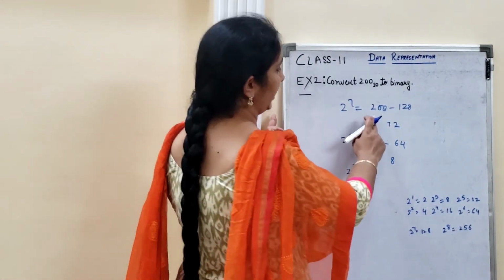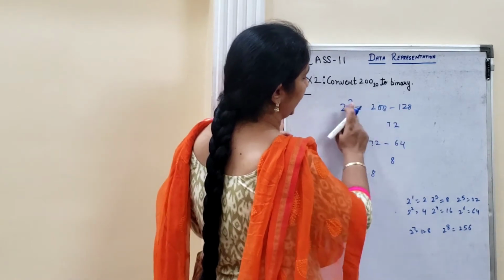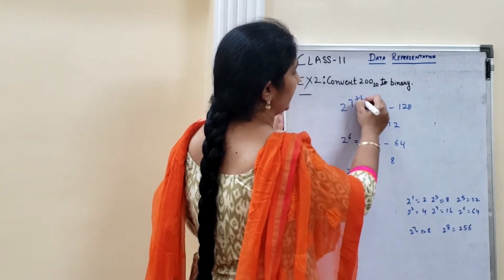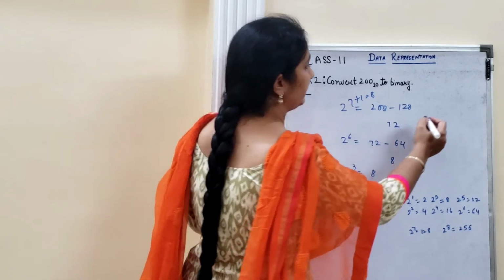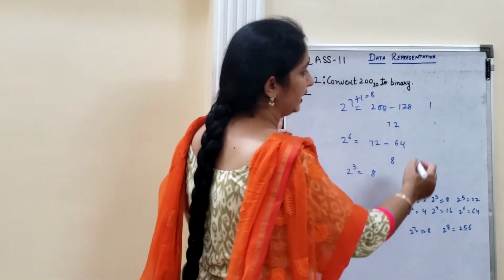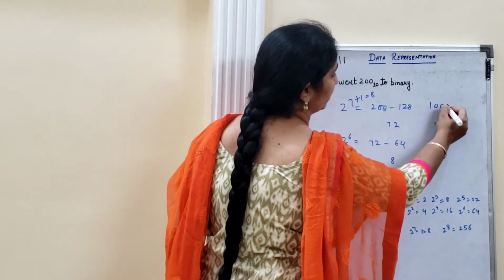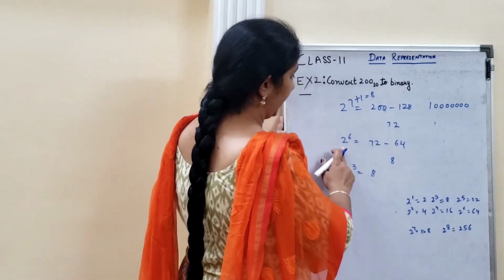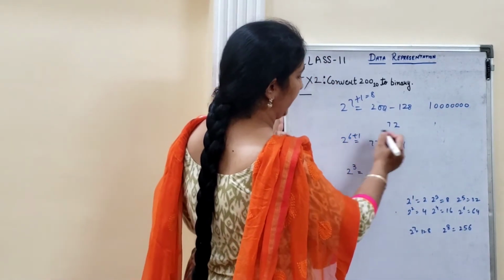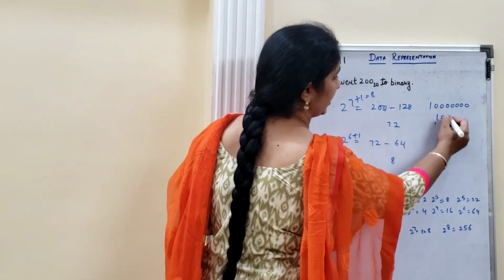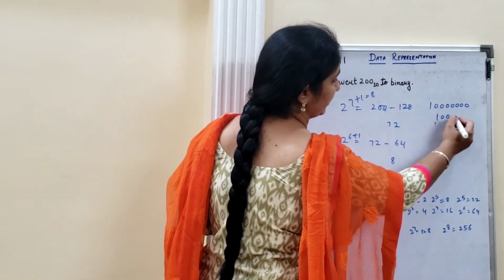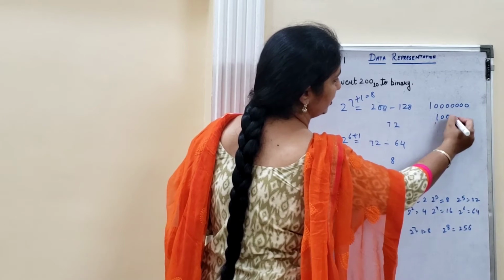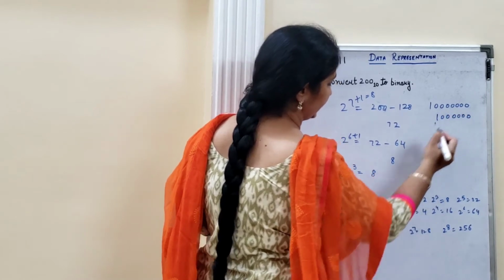Now when we are writing 200 minus 128, power is 7. 7 plus 1 will be 8. That means at 8th position 1 will come and rest will be 0. 3, 4, 5, 6 and 7. Here 2 raised to power 6 plus 1 means at 7th position I get 1, rest will be zeros. 1, 2, 3, 4, 5 and 6.